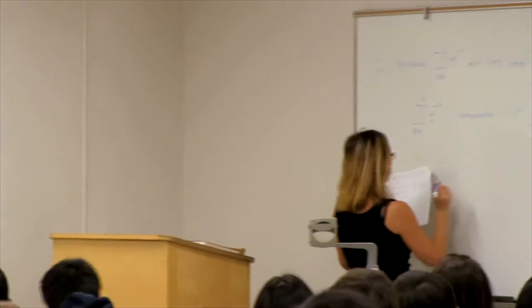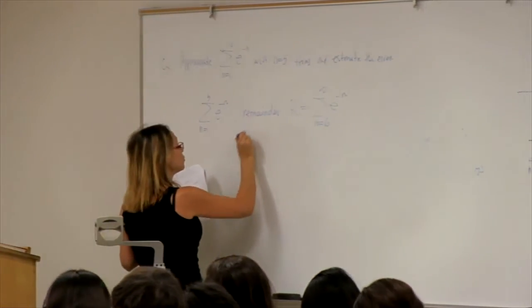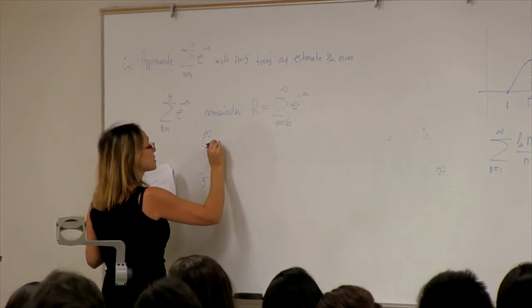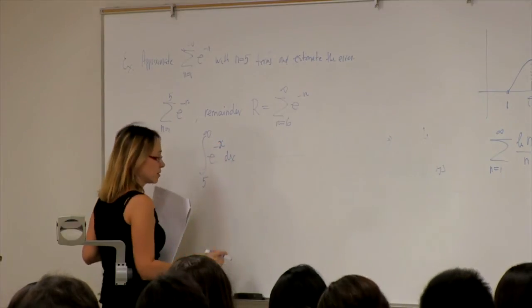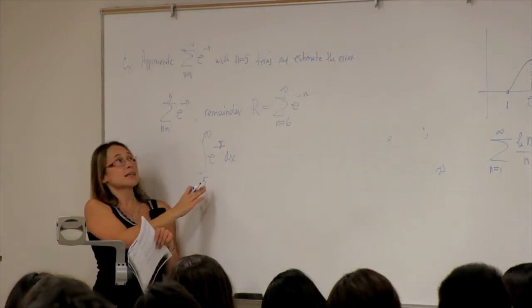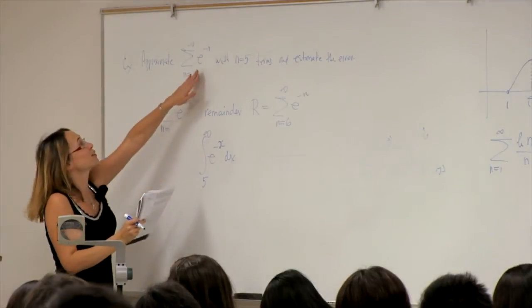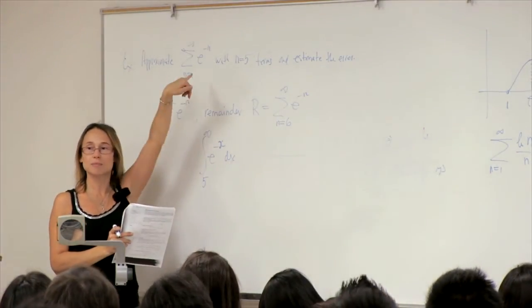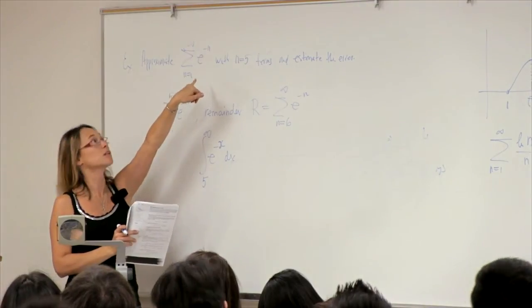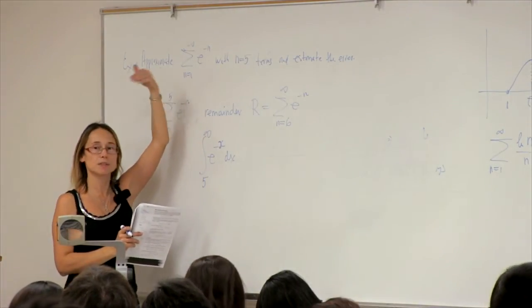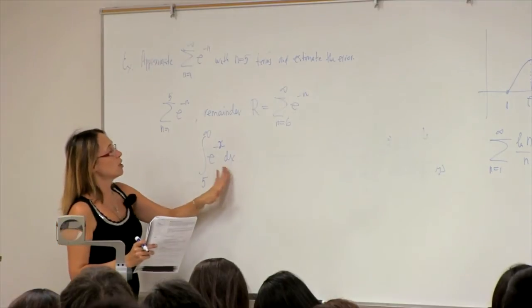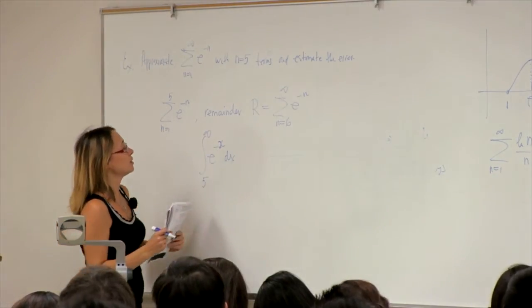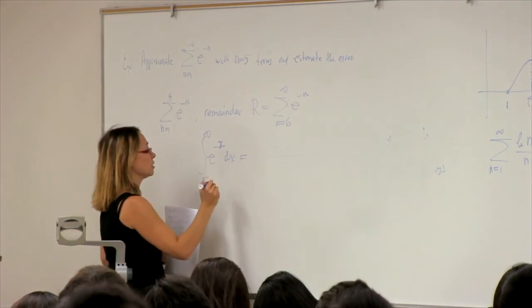So this is what I need to calculate. We have to calculate an integral from 5 to infinity of e to the minus x dx. By the way, I forgot to say that before we do this, we need to check that this function, e to the minus x, is positive and decaying. But it's pretty clear that it is, right? It's a positive function that decays. It's a negative exponent. OK, so to estimate this remainder, we calculate this integral.